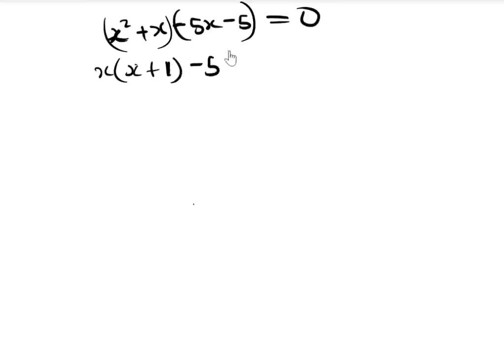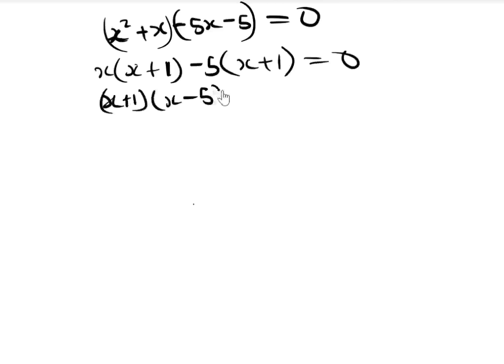Then minus 5x, factoring out minus 5, gives x, and minus 5 divided by minus 5 is 1, is equal to 0. Therefore, the factors are x plus 1 and x minus 5.